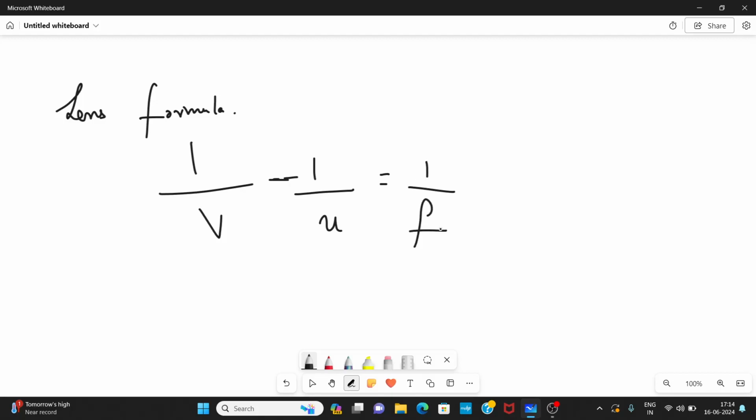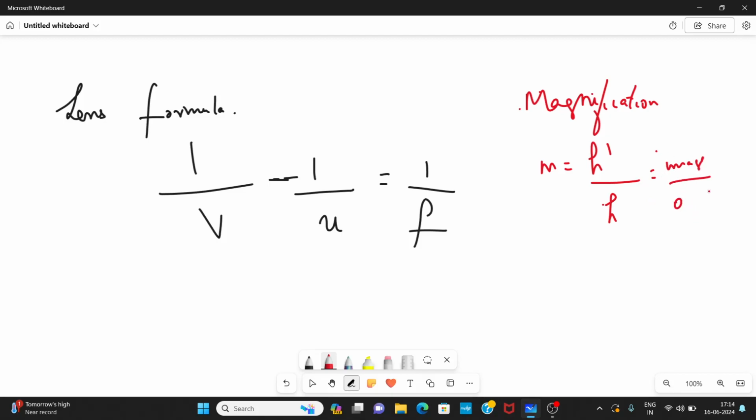This is your lens maker's formula. And the magnification factor is given by m is equal to height of the image by height of the object. This is image and this is object.